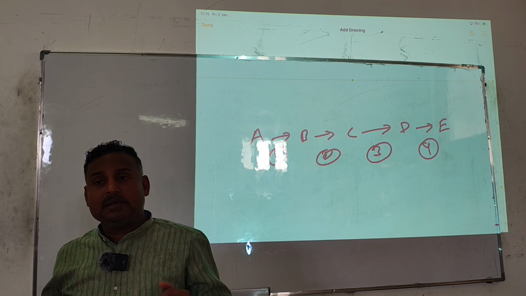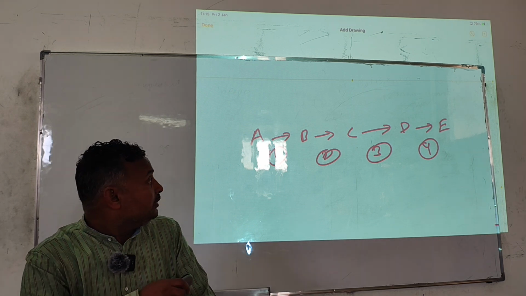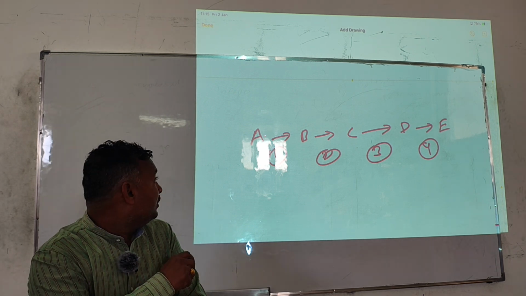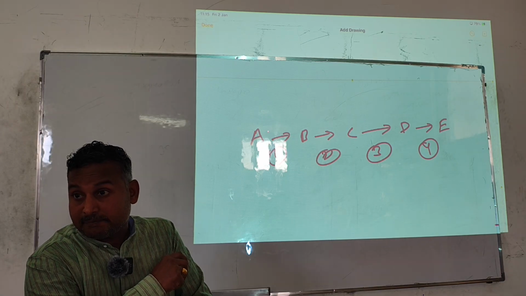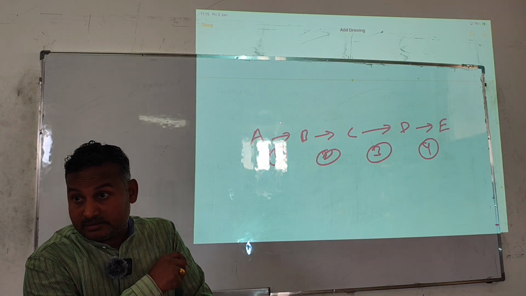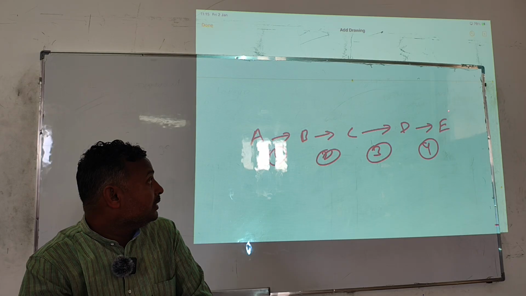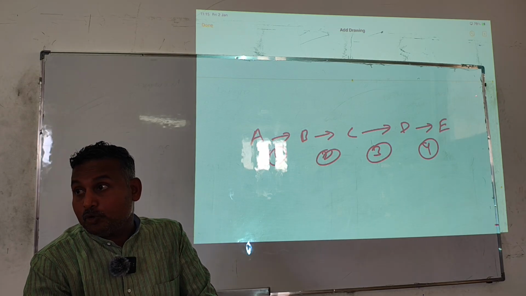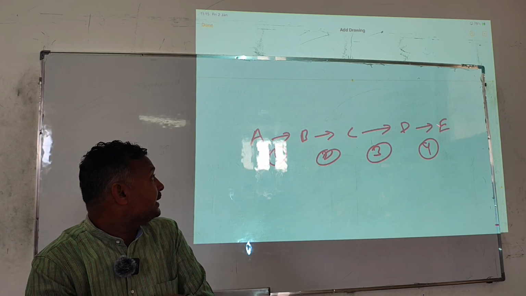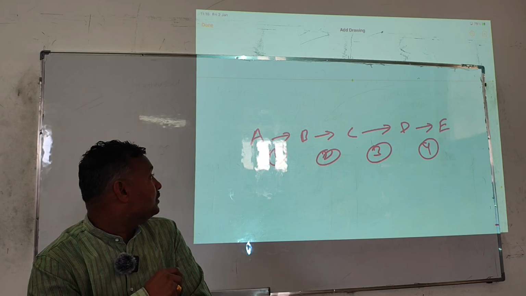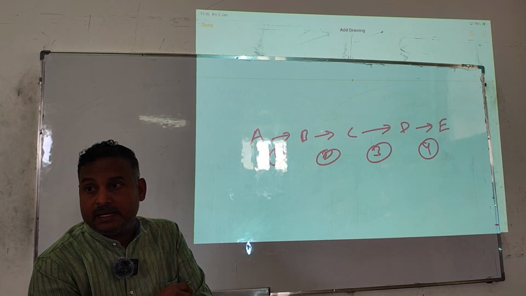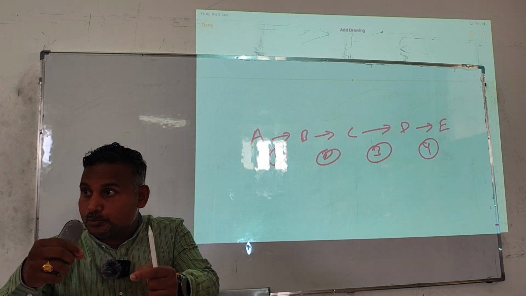When you are doing this step by step synthesis, your target is E and your precursor, the starting molecule, is A. You cannot get E directly from A. That means from A you need to get B, attaching some group.